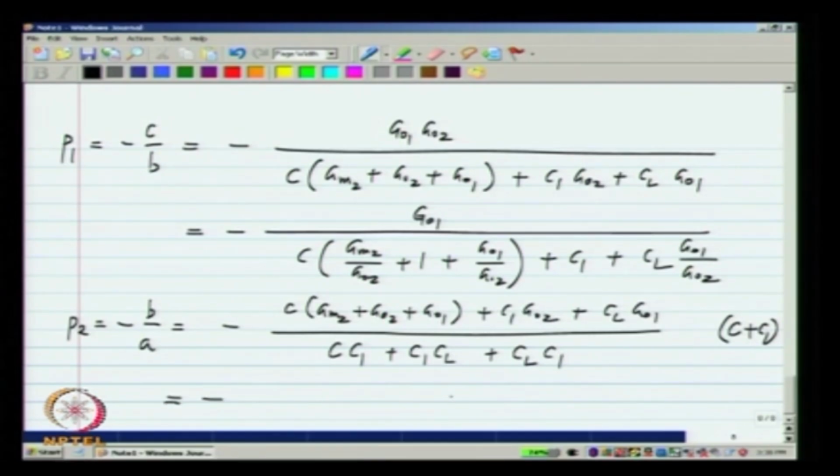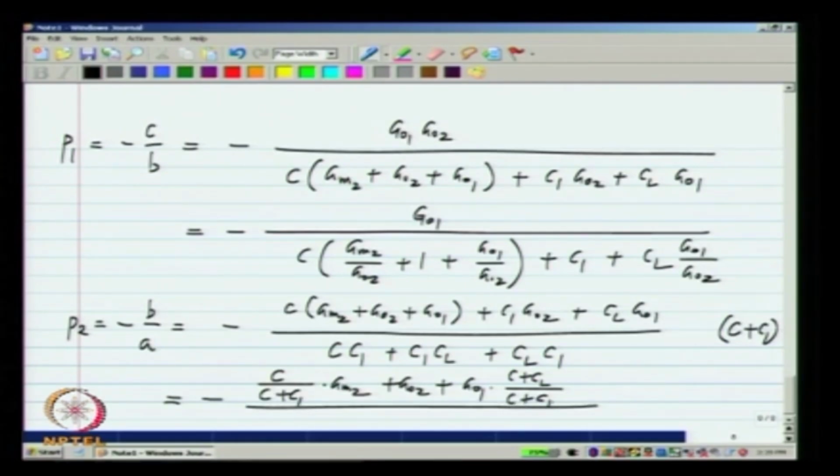So, first of all I will have C by C plus C1 times GM2 in the numerator. You see that GO2 is multiplying both C and C1. So, we will have plus GO2 and plus we will also have GO1 times C plus Cl by C plus C1.